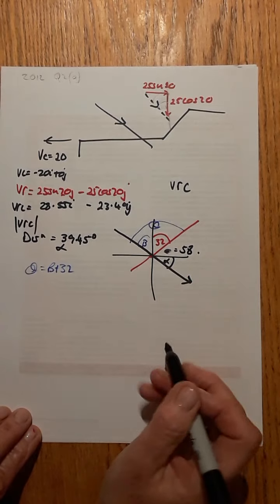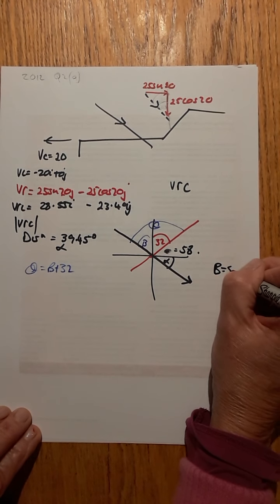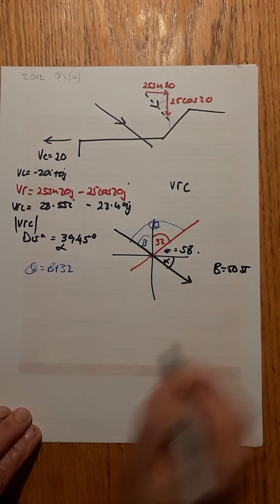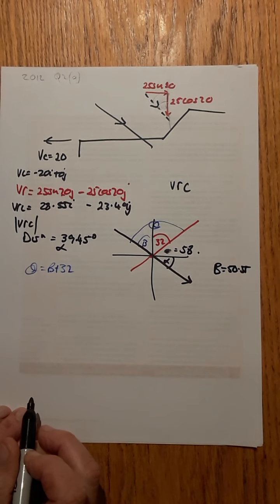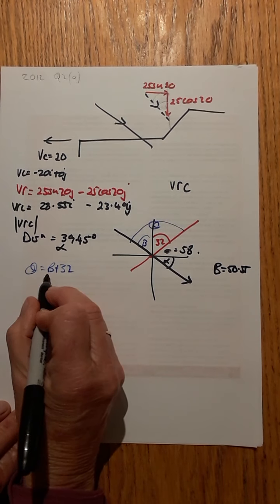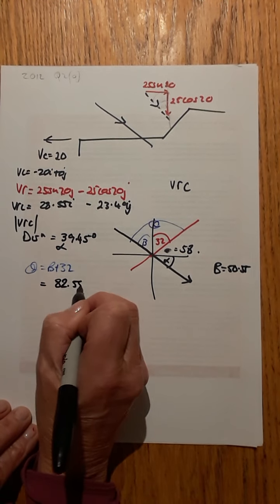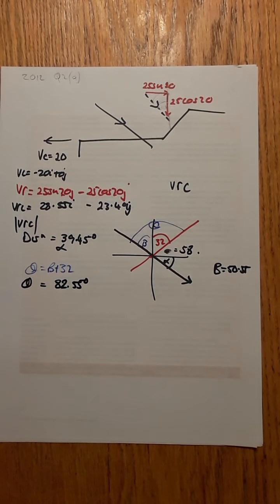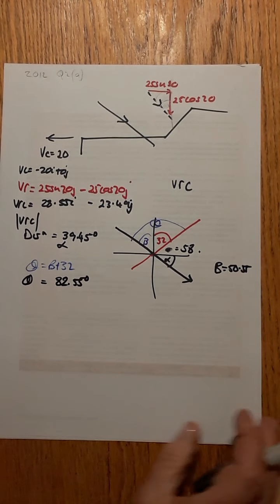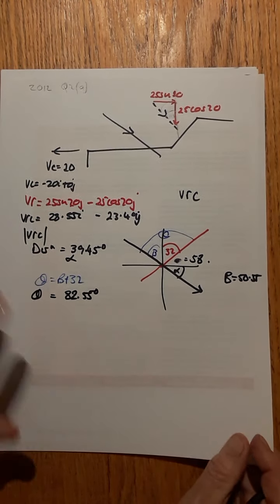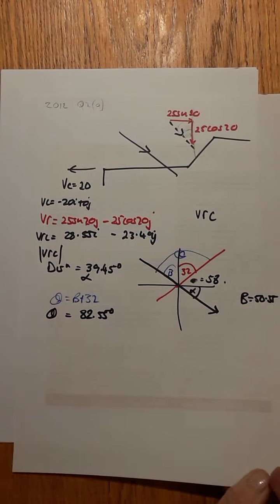So beta is 50.55, which means that theta is going to be 82.55. It was a bit complicated at the end. That windscreen was a bit silly at the end, but don't worry too much about that. The other bit was the more important bit.